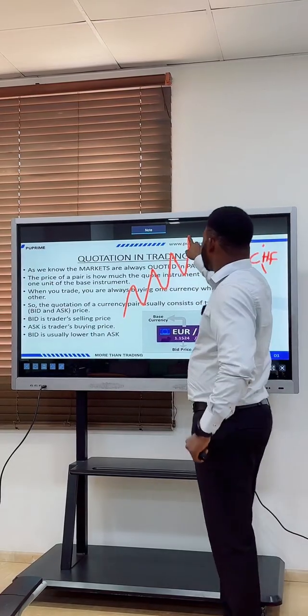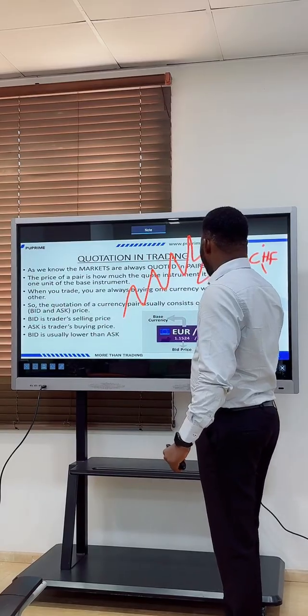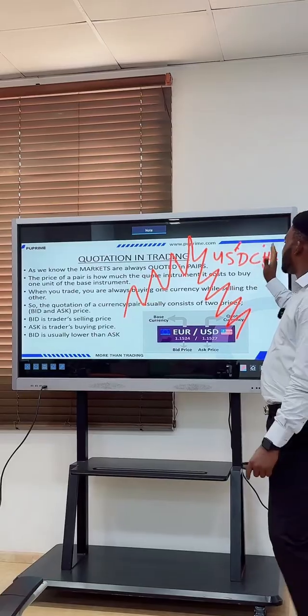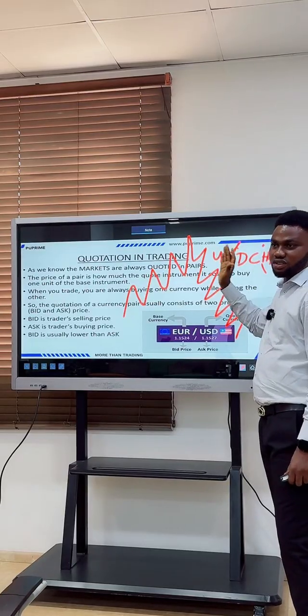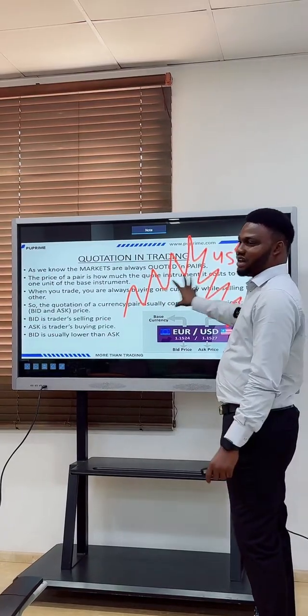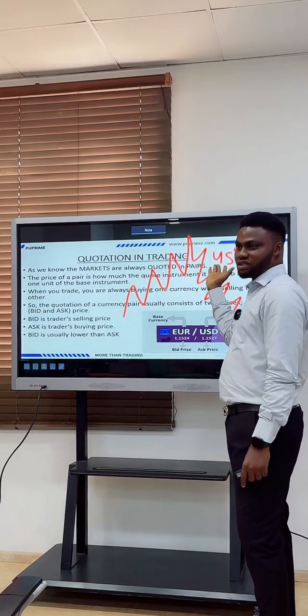But if this now turns to this, it also means that between this time and this time, the CHF has gained more strength. So what also controls or determines the movement of the chart is actually the base currency.